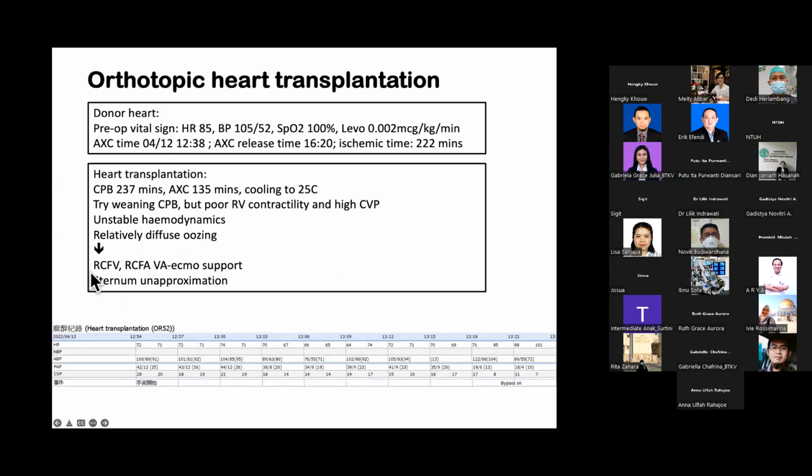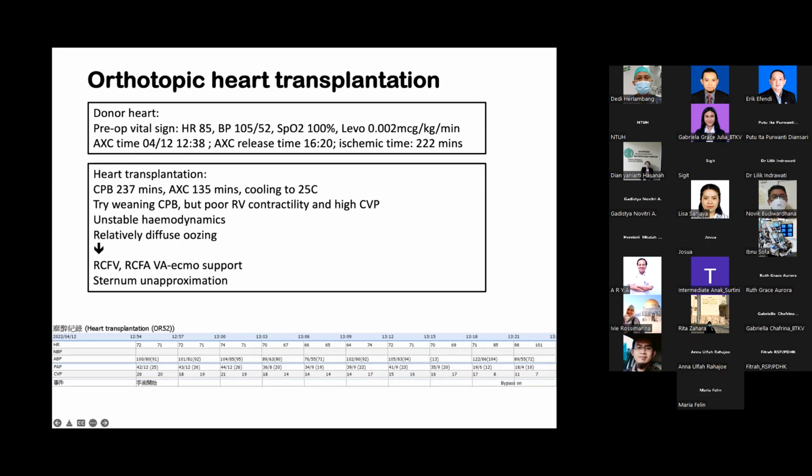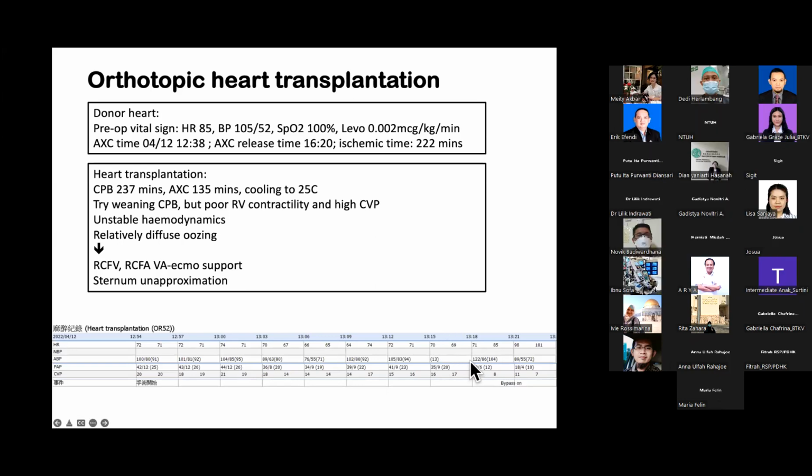And this is the data we have. The pressure is acceptable and the PAP is low, but you know the condition is under full flow of the ECMO, 1.4 liters. After the procedure, you can see here the blood pressure is here, the PAP is not so high.